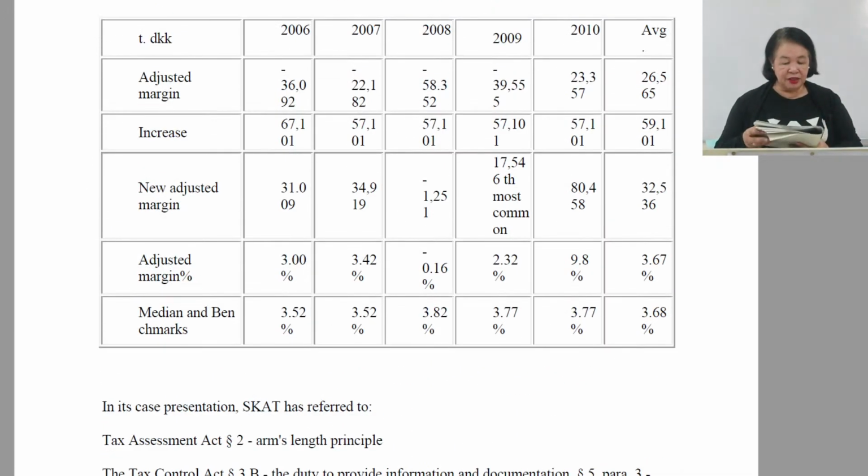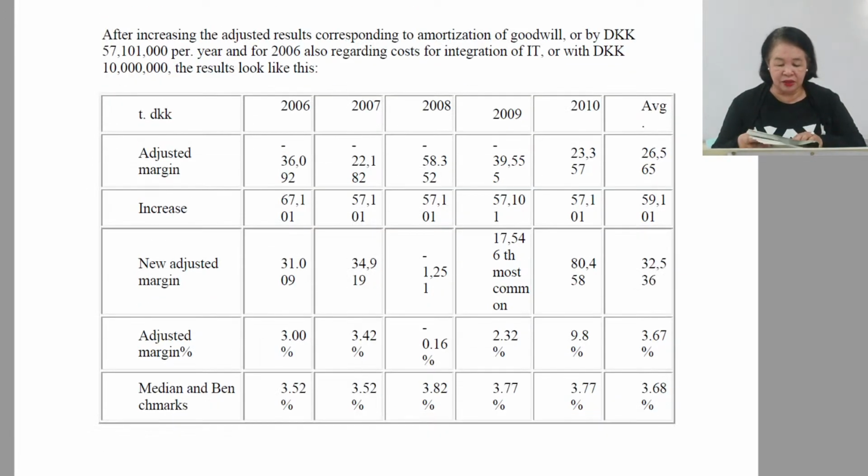So, after increasing the adjusted results corresponding to amortization of goodwill of Danish krone 57,101,000 per year, and for 2006, also regarding cost for integration of IT of Danish krone 10 million, the result looks like this. Ito na, nag-adjust na sila. Okay. So, yung median and benchmark nila, the same lang.